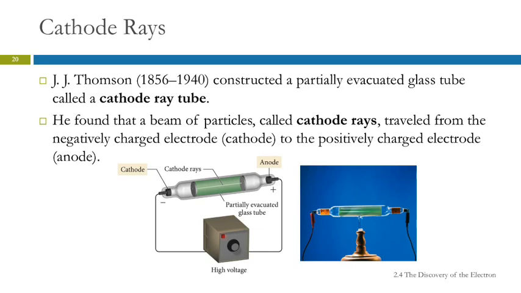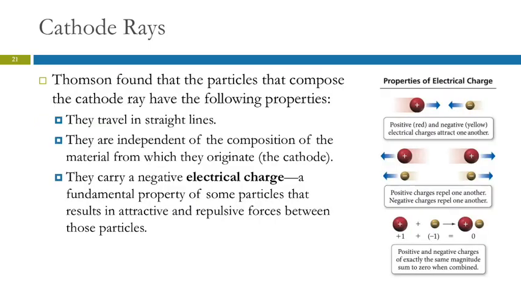So J.J. Thomson found that a beam of particles that he called cathode rays, because they came from the cathode, moved from this negative end to the positive end. The negative end's the cathode, the positive end is the anode. And that beam of particles had certain properties.